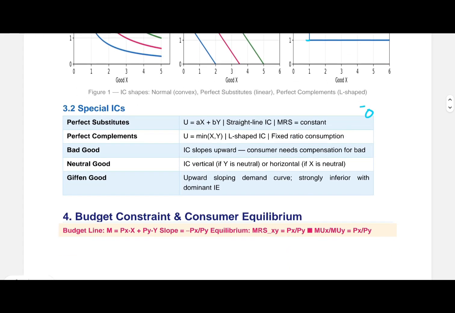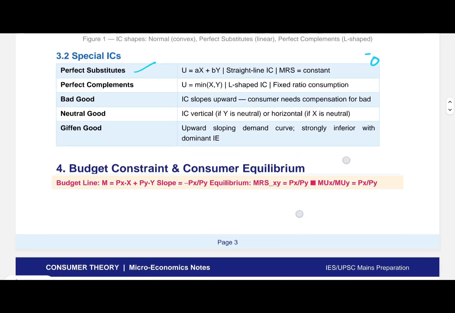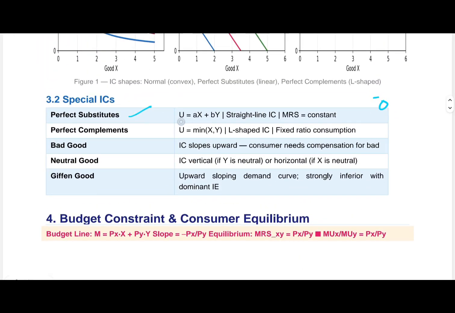These are the special cases. This is the marginal utility equation for the perfect good. We have already said that the IC curve is a straight line, and the marginal rate of substitution for perfect substitutes is constant. For the perfect complement good, utility is the minimum quantity of X and Y. We have seen that the minimum quantity we need to consume is in a fixed proportion.